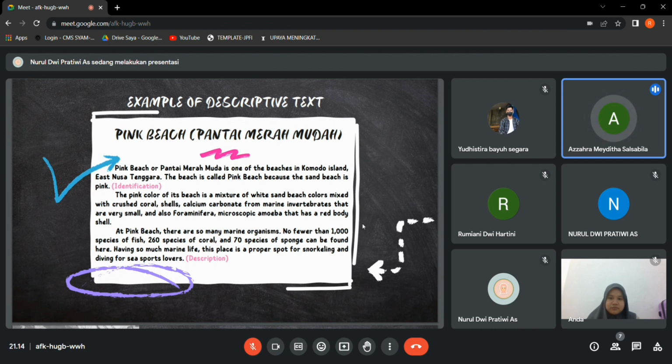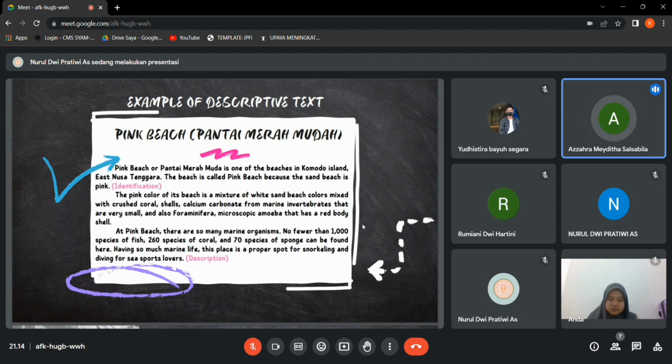no fewer than 1,000 species of fish, 260 species of coral, and 70 species of sponge can be found here. Having so much marine life, this place is a spot for snorkeling and diving for sea sport lovers. So the second and the third paragraph are a description.